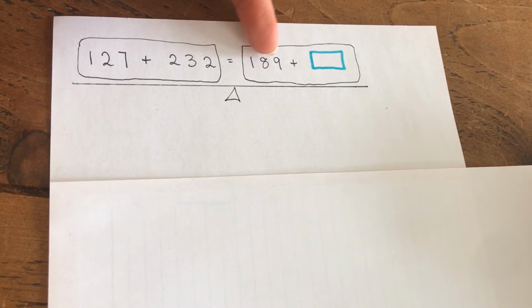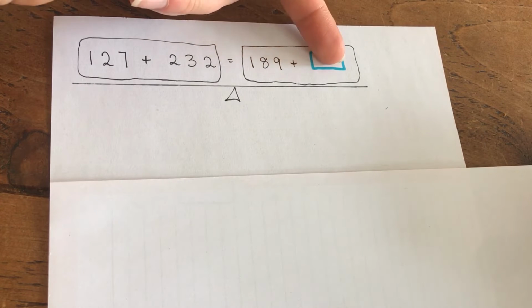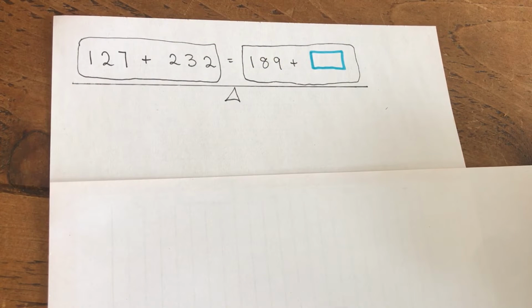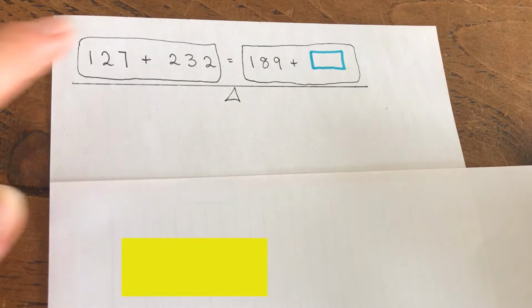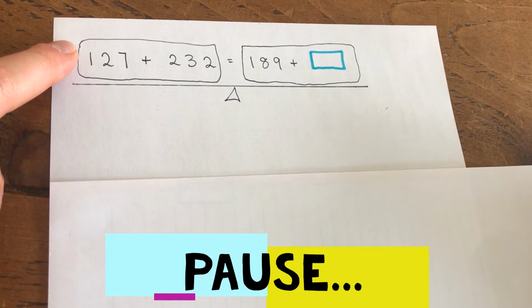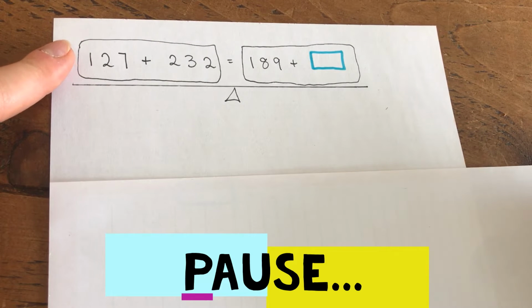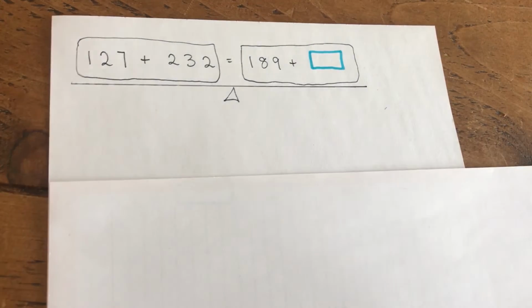That will tell us that it must be the total for this side too, and then we can work out the missing number. Okay, so two things to do in this problem. And let's work out this side first. So pause the video, add that up in the column method, and then you can play the video and see whether yours matches mine. Good luck.